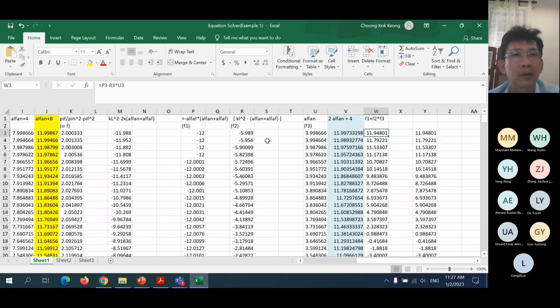After that, when you get alpha n and alpha f, here we have to put in another separate column, not this column, this one is for another column.